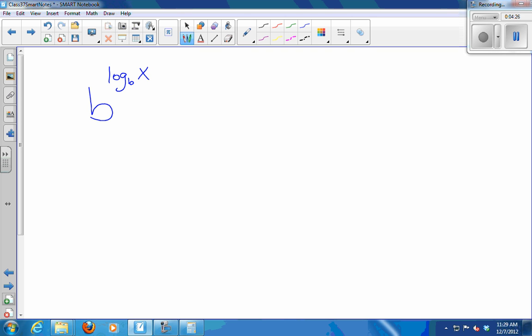It's a little overwhelming. So let's simplify this by saying let y be log base b of x. Then I can just replace this. This just says b to the y, right? But if I change the sentence I just wrote to an exponential equation, what does it say?